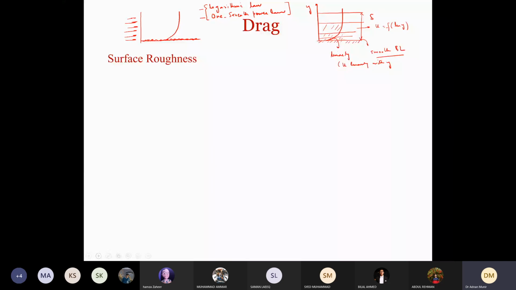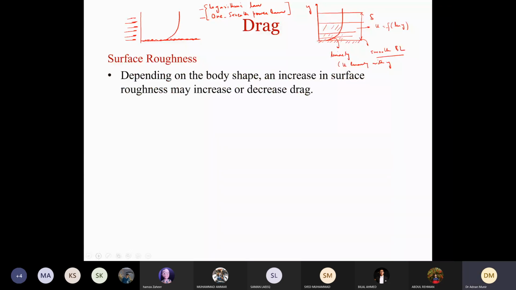Therefore surface roughness has a significant effect on the drag force. Depending on the body shape, an increase in surface roughness may increase or decrease drag. So drag depends on the shape of the body, number one. It depends on Reynolds number, number two. It depends on Mach number. We also discussed that it depends on Froude number.